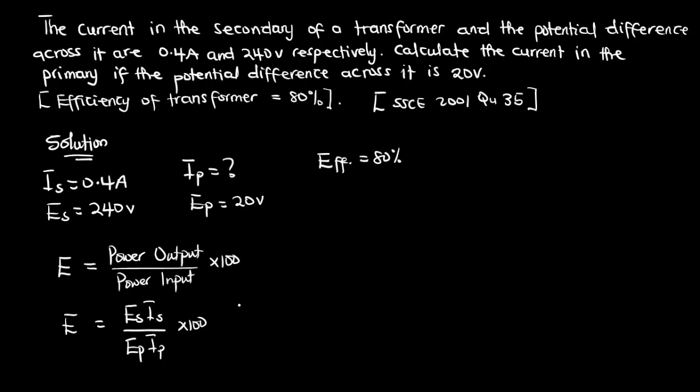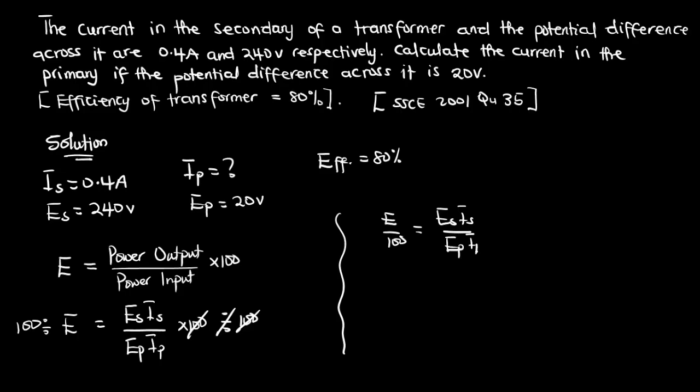So if I want to use 80%, it means that this is already in percentage, so I can get rid of the 100 over here, right? So I'll divide both sides by 100. This will cancel this over here, and then we'll have this. So basically my efficiency over 100 is equal to ES IS over EP IP, right?